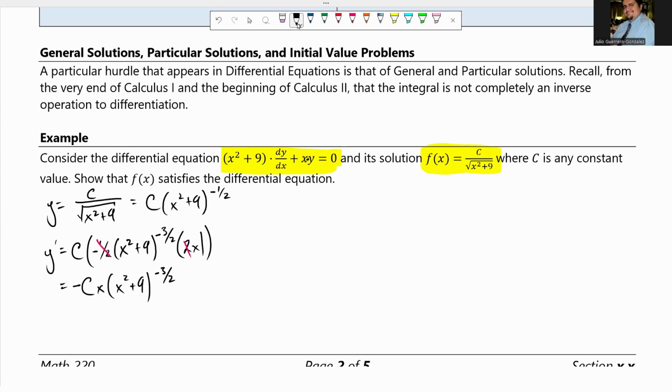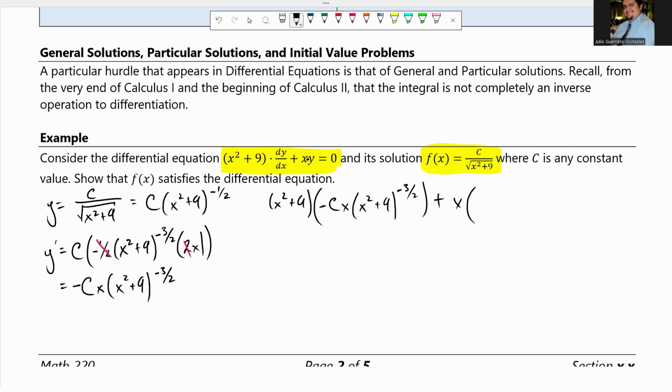Got it? Okay. Now I'm going to show that it actually satisfies my differential equation. Here we go. So then x squared plus 9 times my first derivative, which is what we just found, minus c x squared plus 9 to the negative 3/2, plus x times my original function.